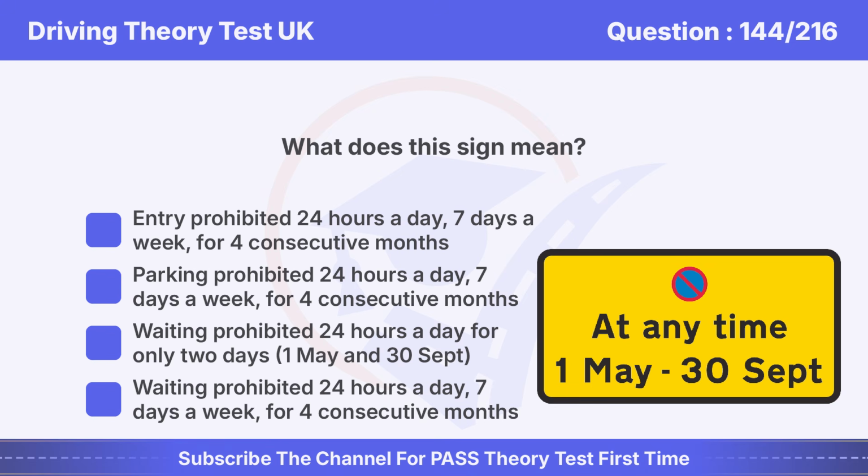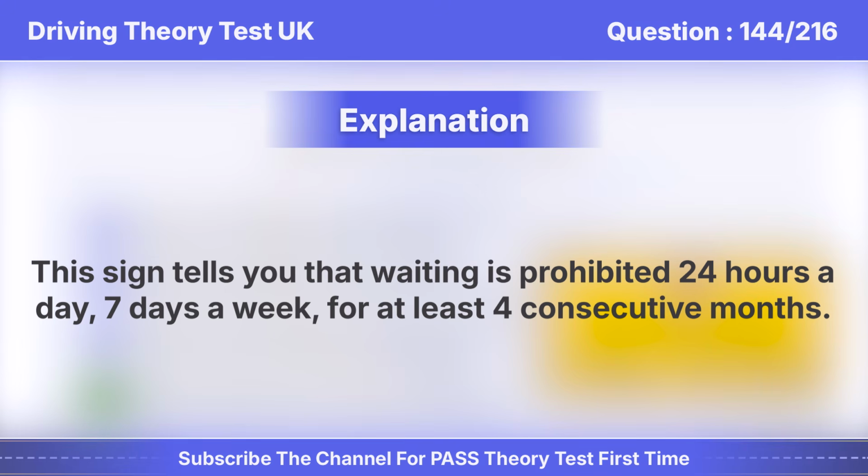Question 144. What does this sign mean? Answer is D. Waiting prohibited 24 hours a day, 7 days a week, for 4 consecutive months. This sign tells you that waiting is prohibited 24 hours a day, 7 days a week, for at least 4 consecutive months.